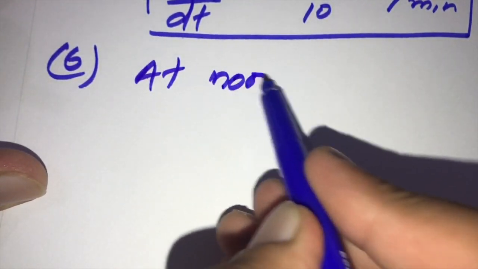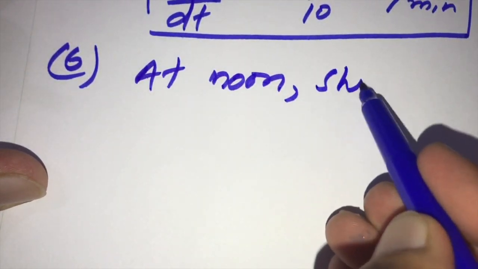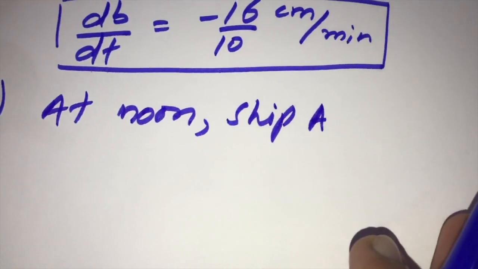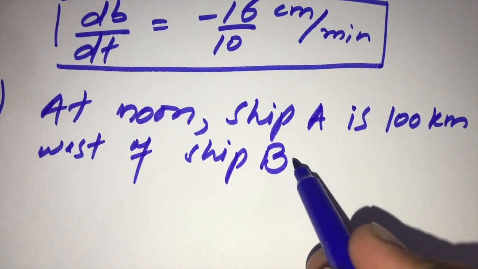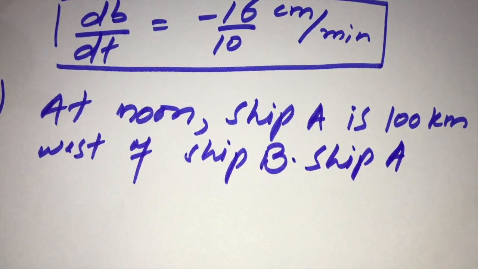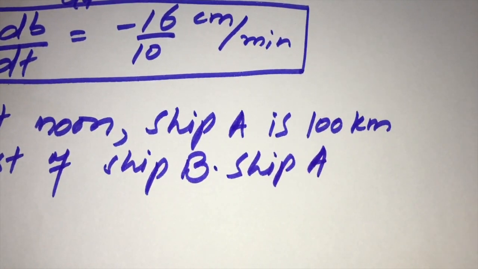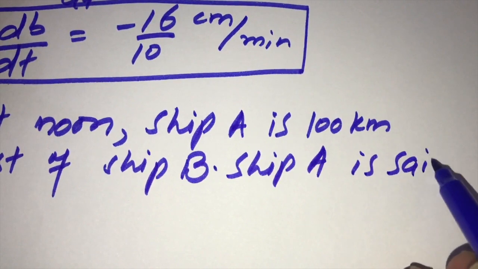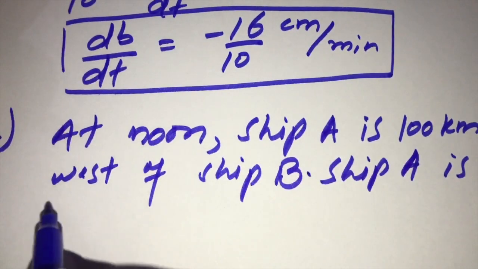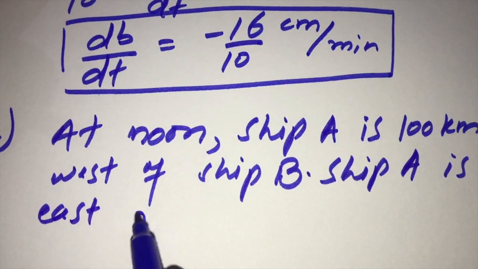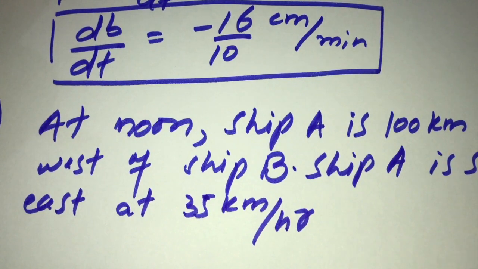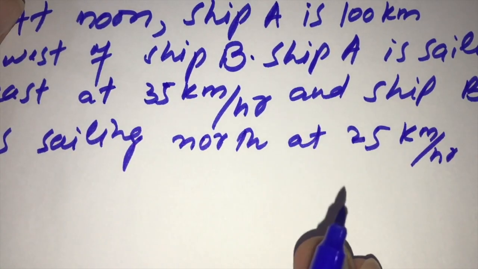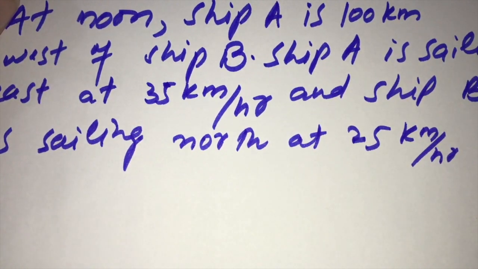At noon, ship A is 100 km west of ship B. Ship A is sailing east at 35 km per hour, and ship B is sailing north at 25 km per hour. How fast is the distance between the ships changing at 4 p.m.?